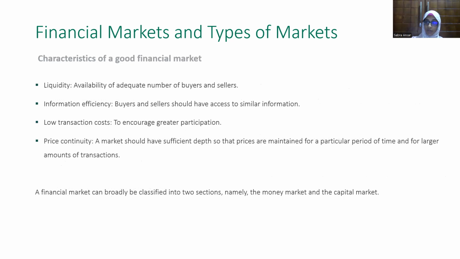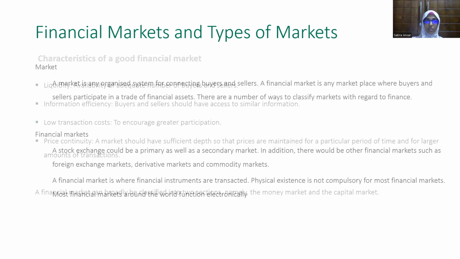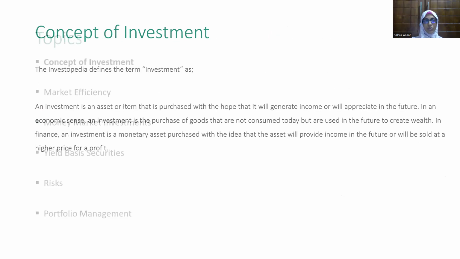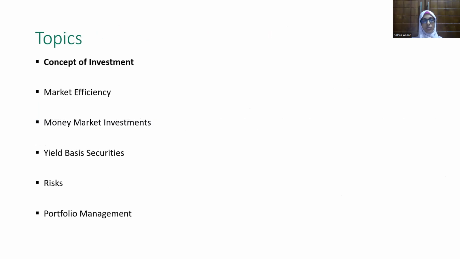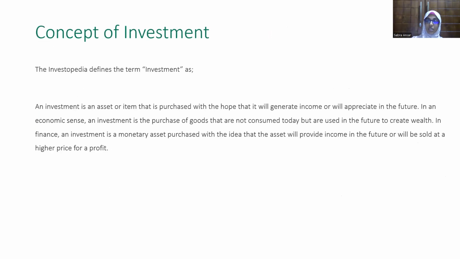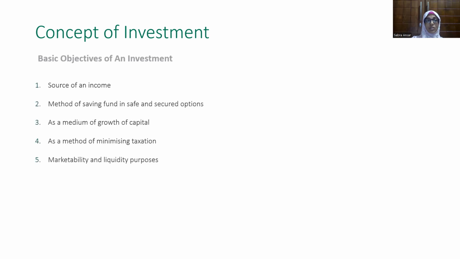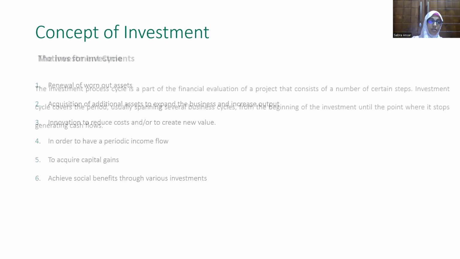Before moving on, I thought it would be fun if we can just do the normal recap as we always do. So first, what did we learn today in our session? We talked about what an investment is in general, and then the objectives of an investment, why a company or an individual invests in a certain investment, and then the motives.